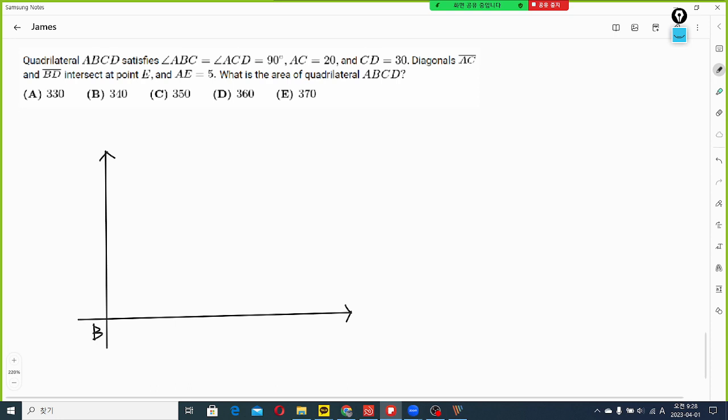So B is at the origin. And ACD is a right angle, so we can make a right angle to locate D.